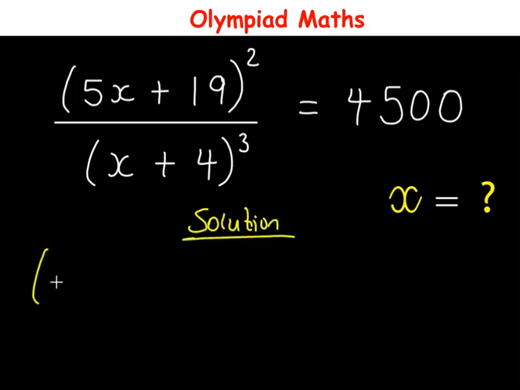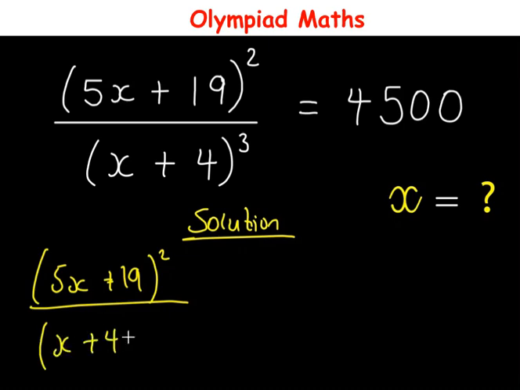So we have (5x + 19)^2 divided by (x + 4)^3 is equal to 4500.